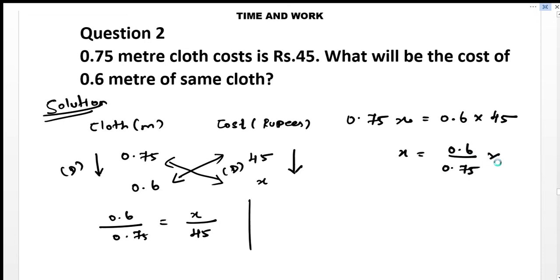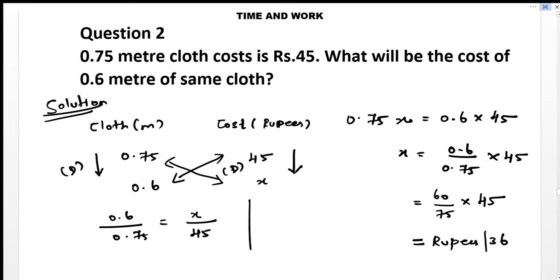0.75 into 45. If one decimal point, multiply by 10; if two decimal points, multiply by 100. Therefore 60 by 75 into 45. Then while cancelling this we get rupees 36 as the answer.